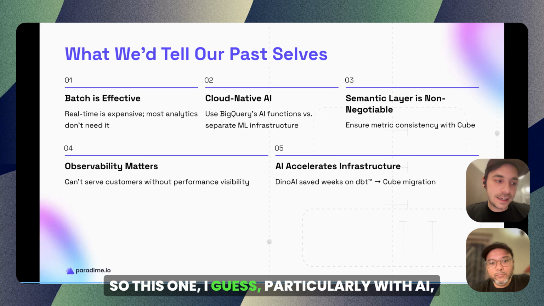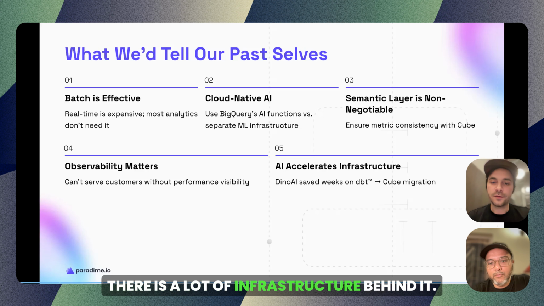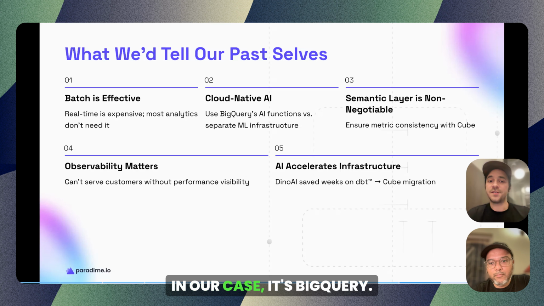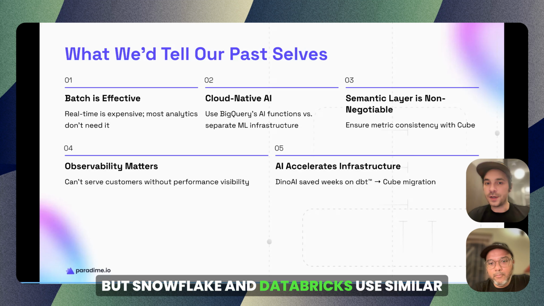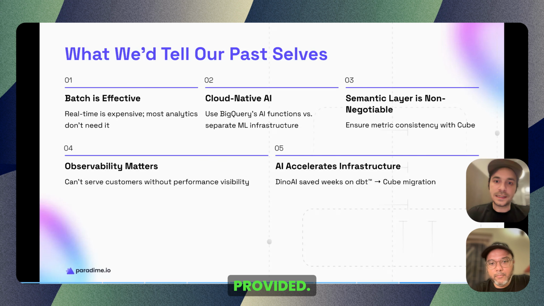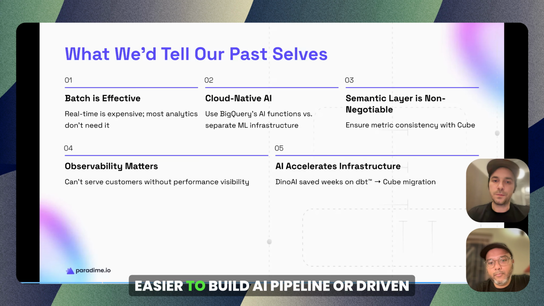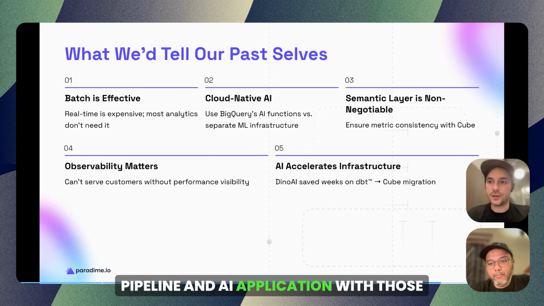With AI in particular, we're seeing a lot of APIs and a lot of infrastructure behind it. In our case it's BigQuery, but Snowflake and Databricks use similar things. I can see that a lot of these data platforms are making it a lot easier to build AI-driven pipelines and AI applications within those tools.